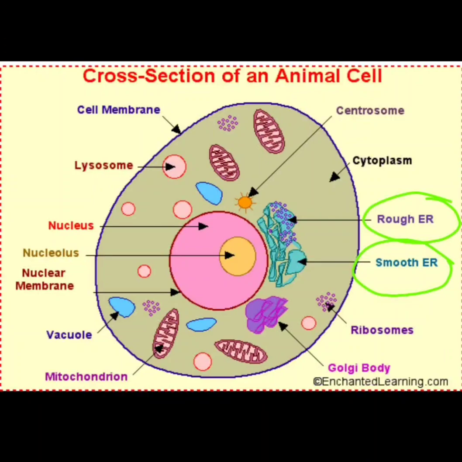The RER looks rough because it has particles called ribosomes attached to its surface. The ribosomes, which are present in all active cells, are the site of protein manufacture. The manufactured proteins are then sent to various places in the cell depending on need using the ER.